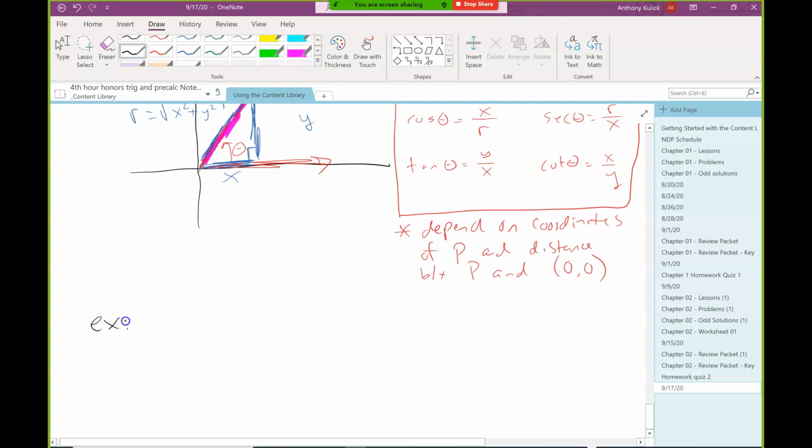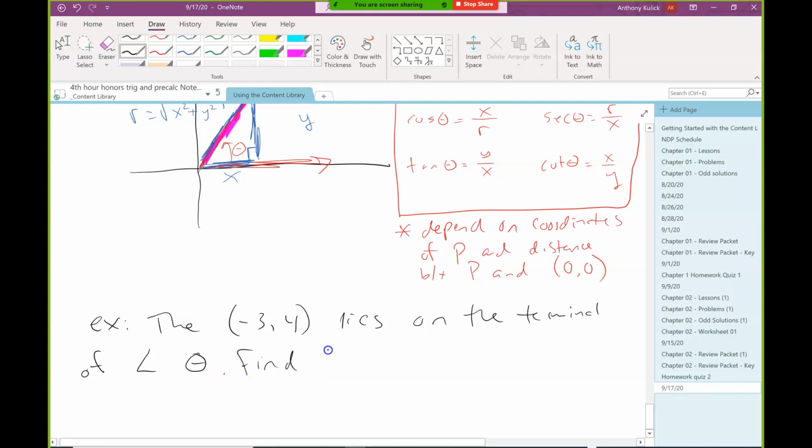So for example, let's say that (-3, 4) lies on the terminal side of the angle theta. Find the six trig ratios for theta.